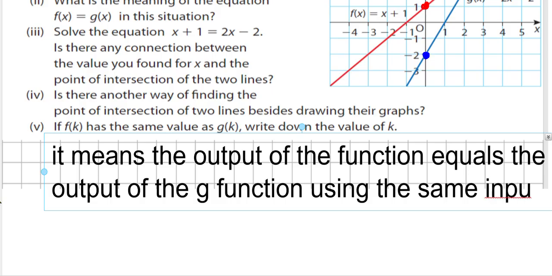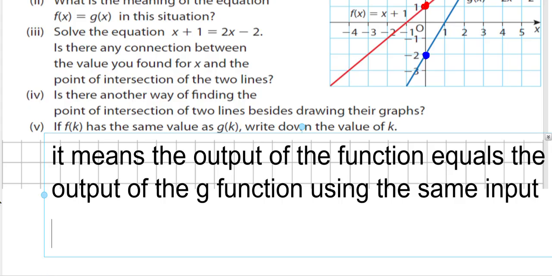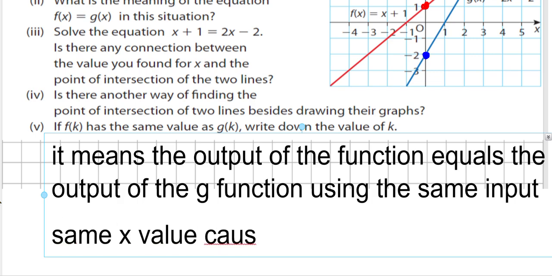So essentially, the same input causes the same output in both functions, in both lines. If you really want to sum it up, same x value causes the same y value in both lines.